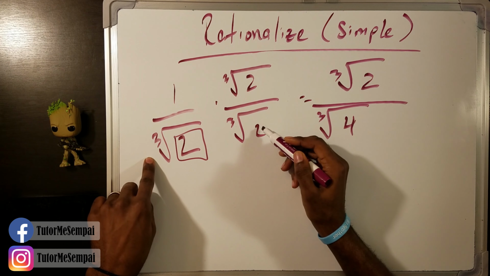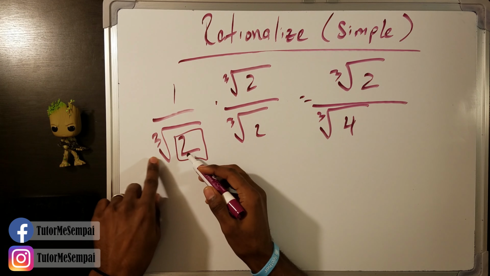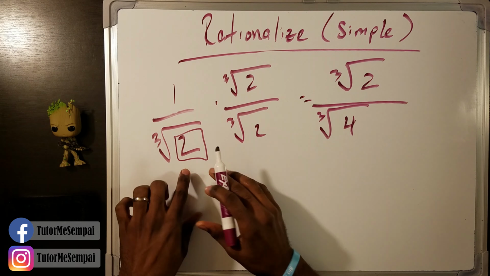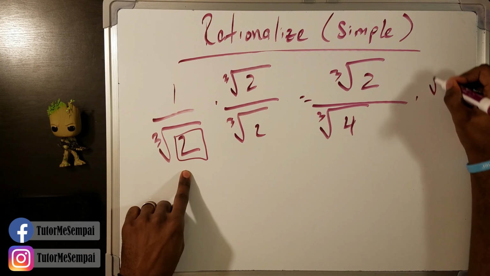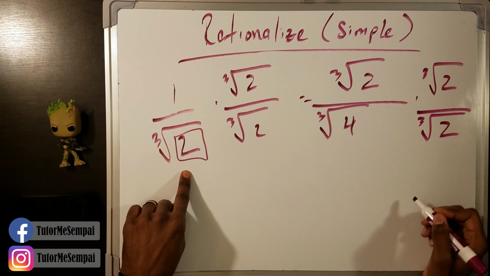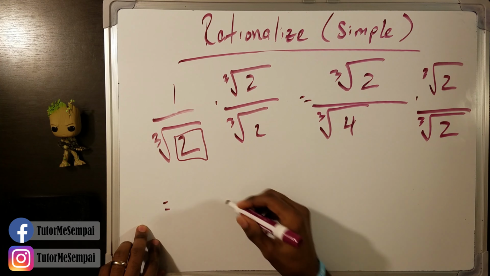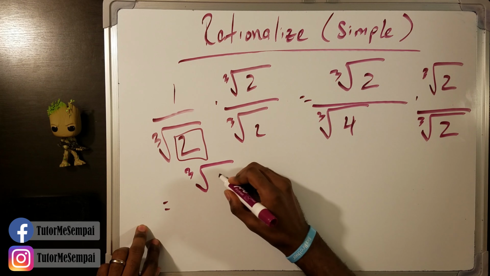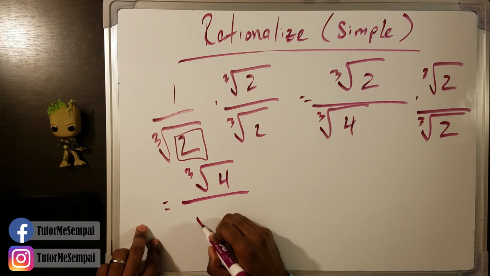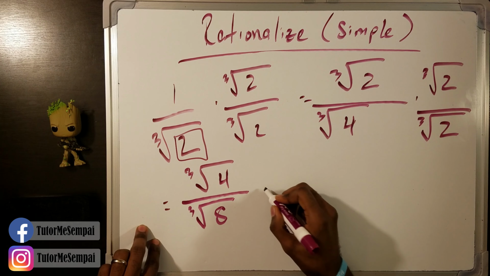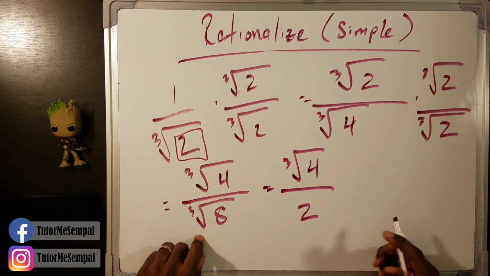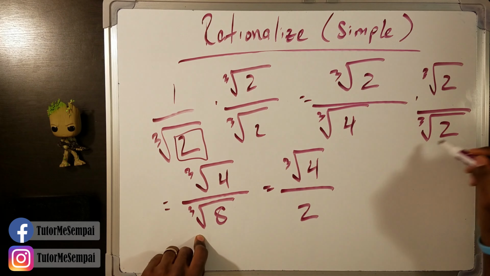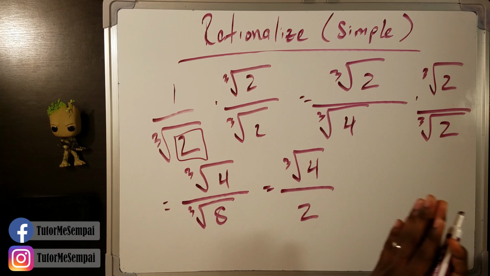So you see that simply multiplying by a 2 is not going to make what's in this radicand a perfect cube. We have 4. We need to do this again. And by doing this again, we're going to end up with the cube root of 4 over the cube root of 8, in which we can simplify the cube root of 8 now to be 2. So you see, we had to do it 2 times. Now, you don't always have to do it 2 times.